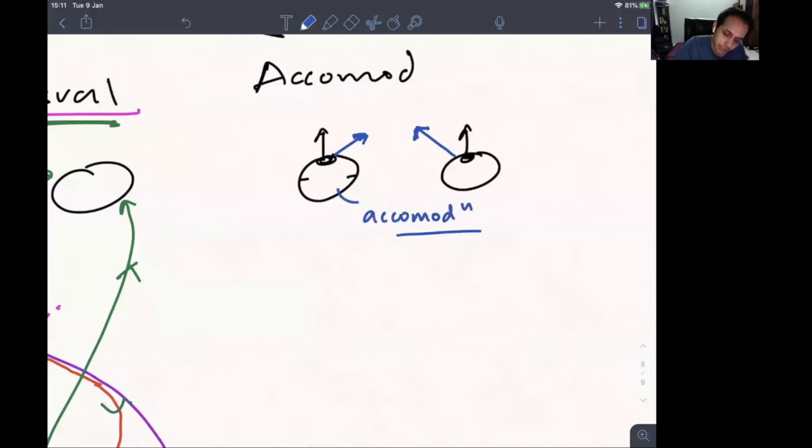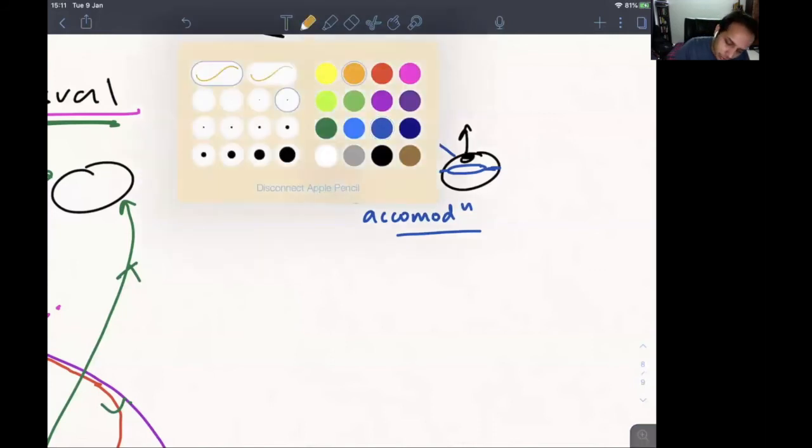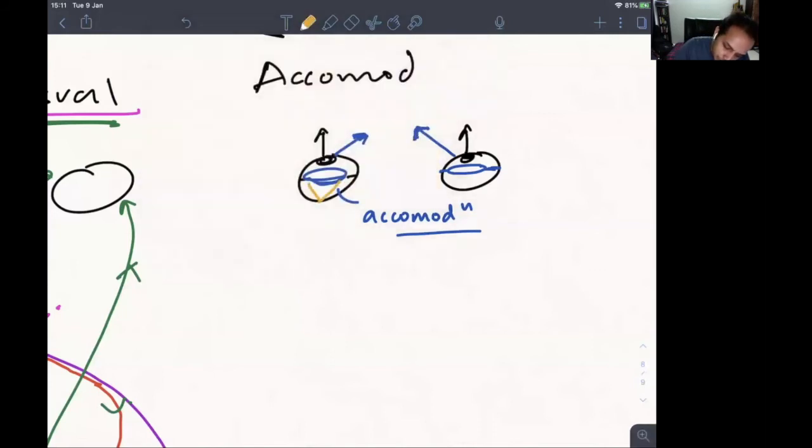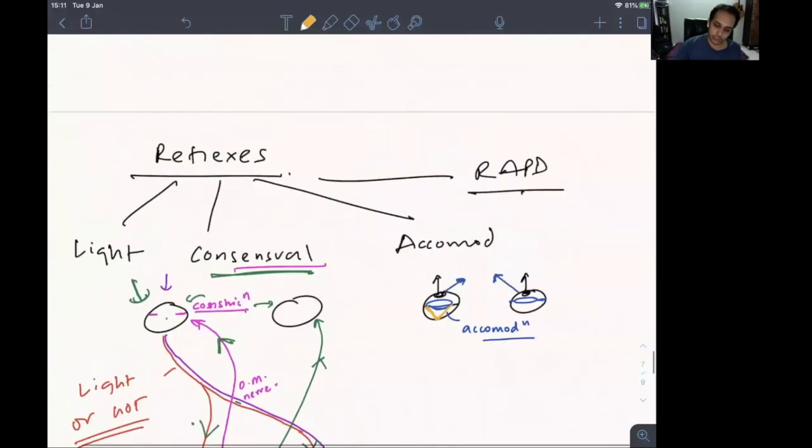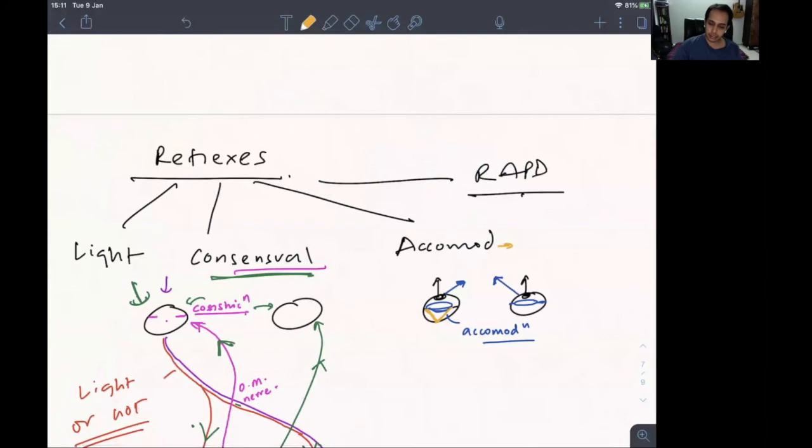Accommodation means that the lens inside relaxes, and because of that, the zonules relax, so the lens curvature increases. Because the image is now very close by, you want the angle of the image to fall properly onto the retina. So the lens curvature increases. That is the accommodation reflex, and this is entirely cranial nerve 3.